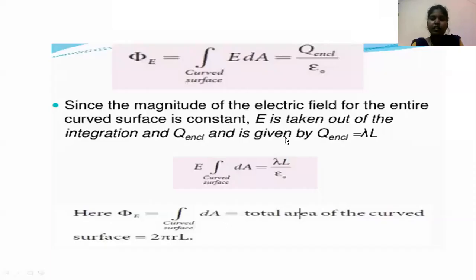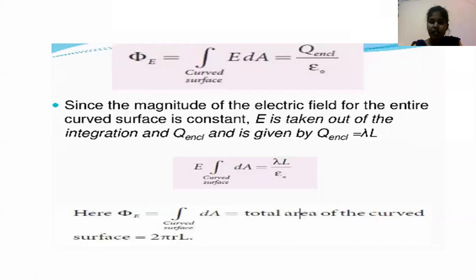That is the electric field due to an infinitely long charged wire. So finally we have found the electric field at point P due to that infinitely long charged wire, E equals lambda by 2 pi R epsilon naught.